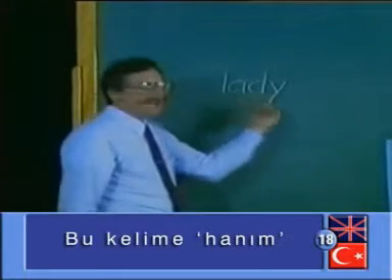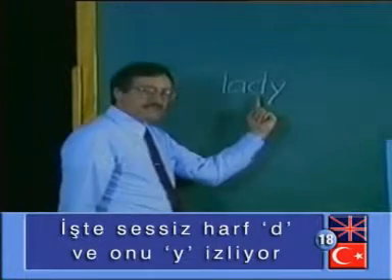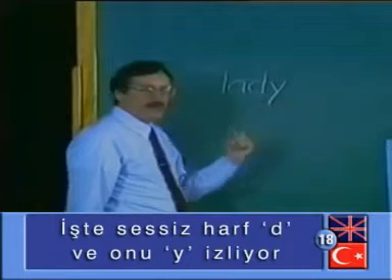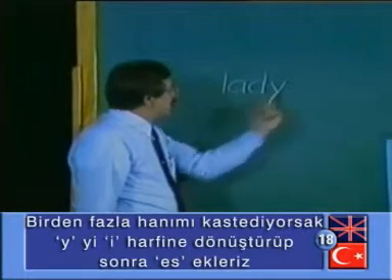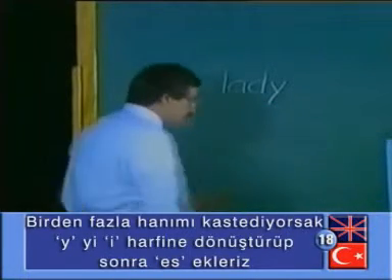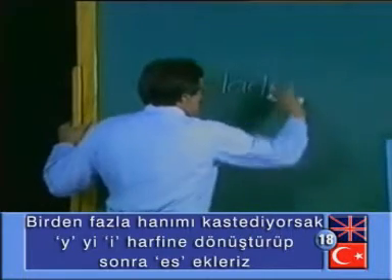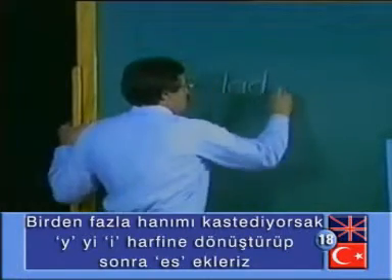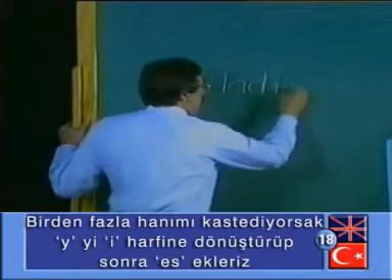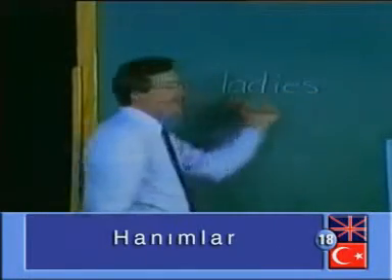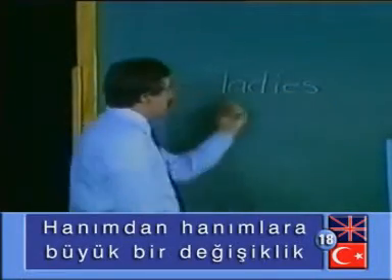This word is lady. Here's the consonant D and then Y following that. If we want to mean more than one lady, we need to change the Y to the letter I and then add ES. Ladies. It's a big change from lady to ladies.